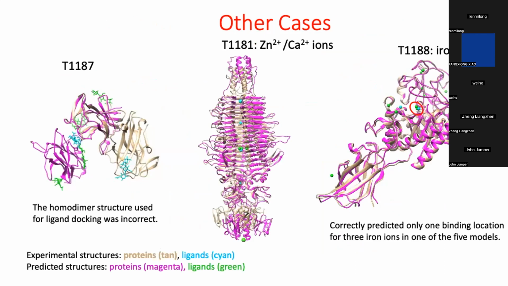Other cases, this case, 1187: AlphaFold gave the wrong structure prediction for the dimer interface. The experimental ligand falls into this region, the predicted dimer interface, but this should not be the dimer interface. So two things.